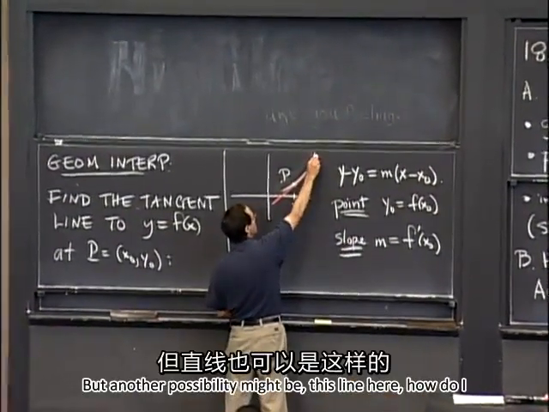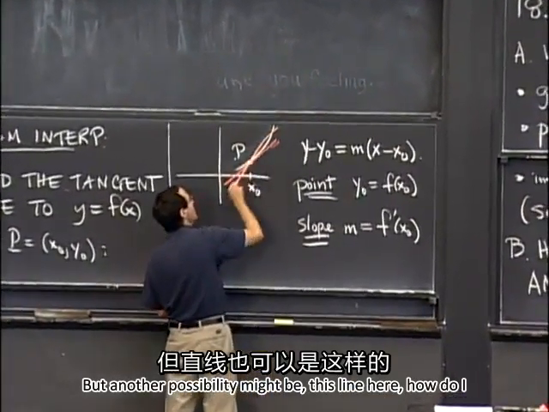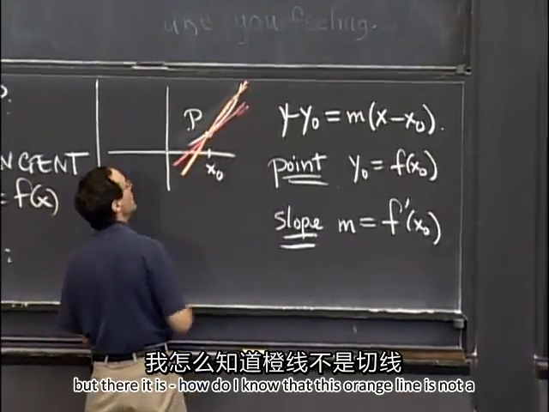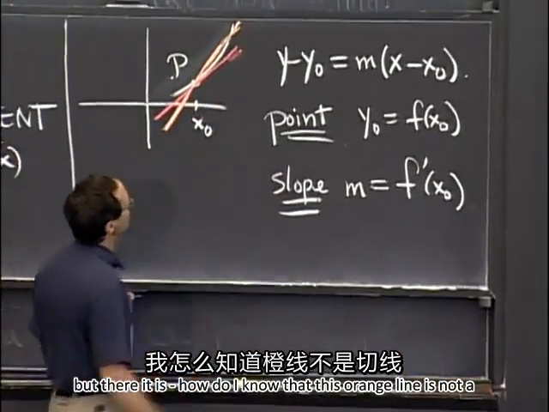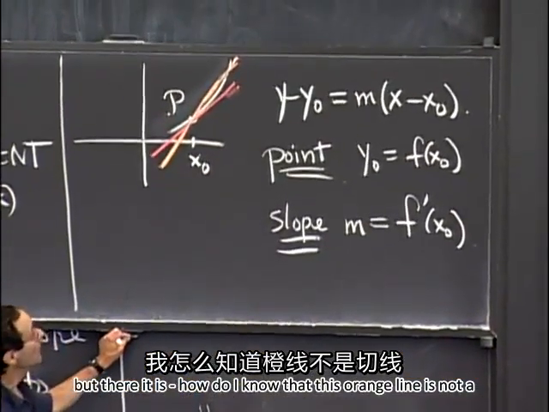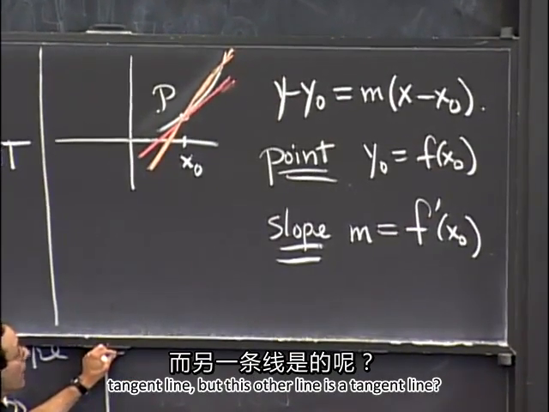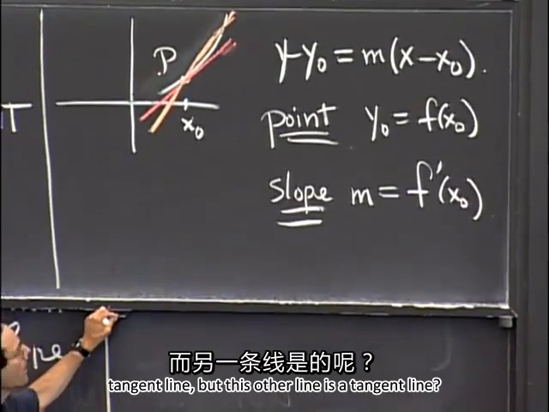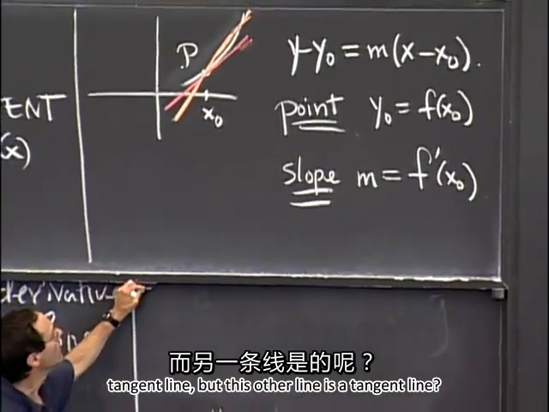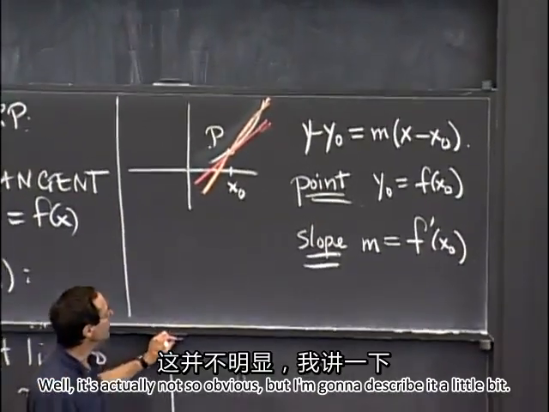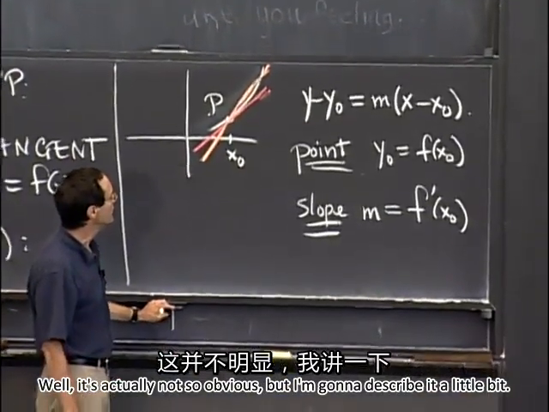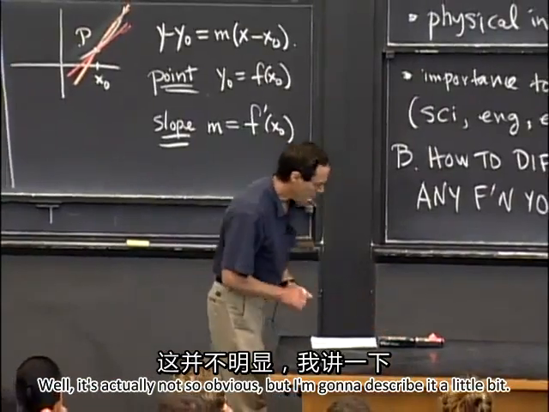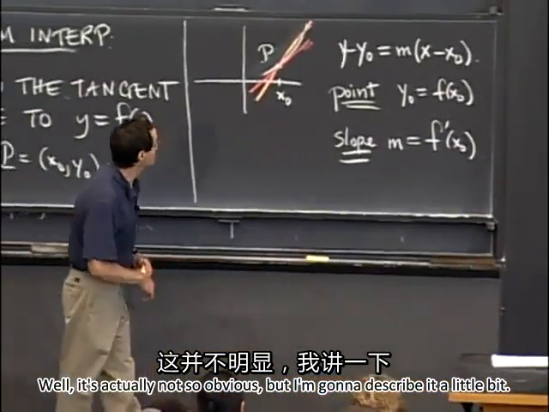But another possibility might be this line here. How do I know? Well, unfortunately, I didn't draw it quite straight, but there it is. How do I know that this orange line is not a tangent line, but this other line is a tangent line? Well, it's actually not so obvious, but I'm going to describe it a little bit.